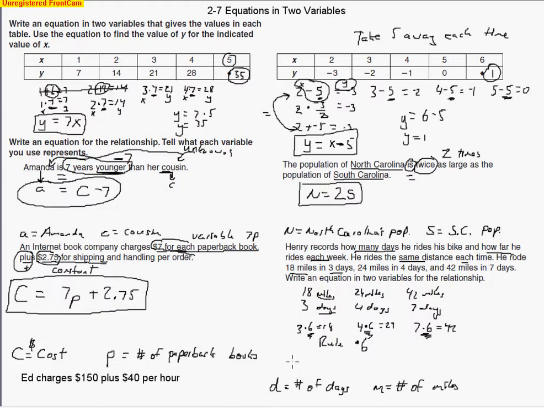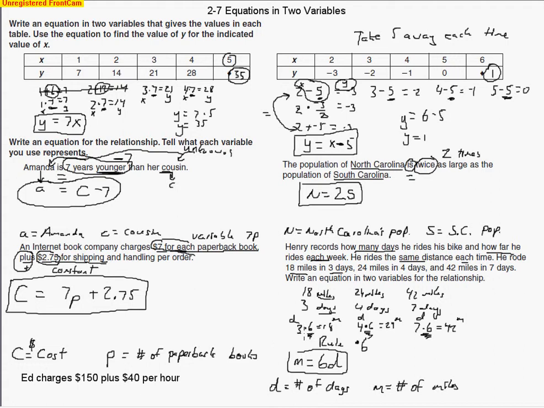And so what I would do is, I'd start off with the number of miles equals, and then the number of days times 6, so 6 times the number of days. So M, the number of miles, equals 6 times the number of days, and that matches what we did here. So the number of days was 3 times 6 equaled the number of miles. M is 18 there. So the number of days, 4 times 6 equals the number of miles, 24. Number of days, 7 times 6 equals the number of miles, M. So that ends up matching our equation.